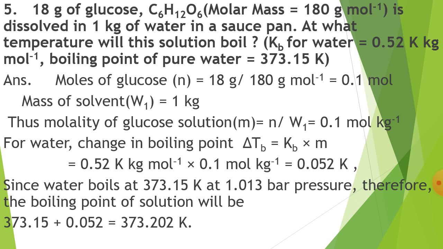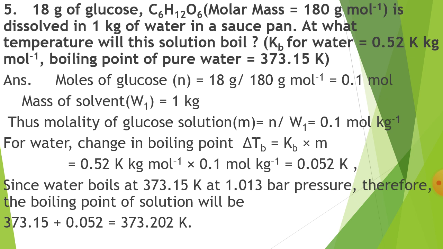Now moles of glucose is mass of glucose divided by molar mass of glucose. Mass is given as 18 gram and molar mass is also given, 180 gram per mole. That's why we find the number of moles as 0.1 mole. Now mass of solvent W1 is given as 1 kg, that is equal to 1000 gram.